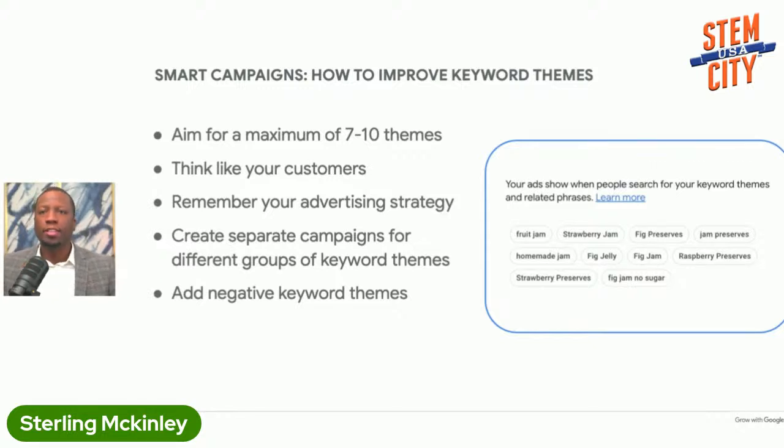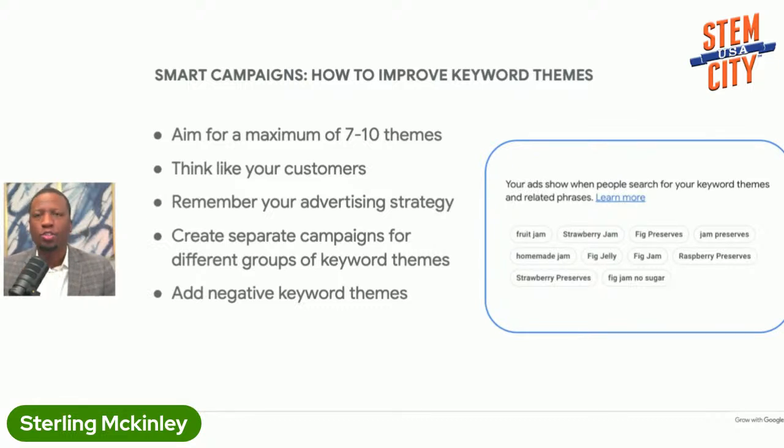What themes does is it condenses those into themes. So instead of typing in 1,000 keywords, you type in jam, words like jelly or strawberry preservatives. Those are related keywords, and they will be listed in those themes. So at max, you would aim for 7 to 10 themes.